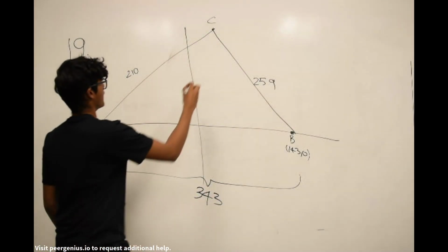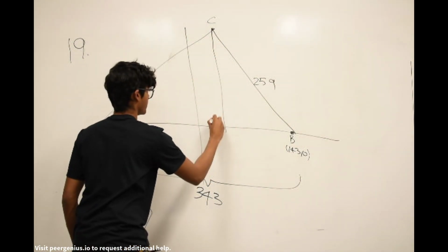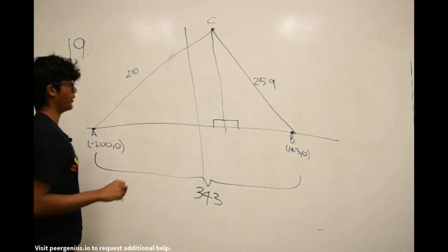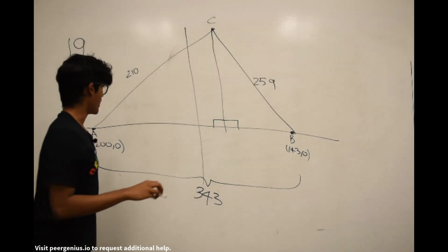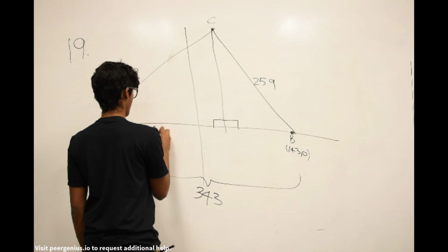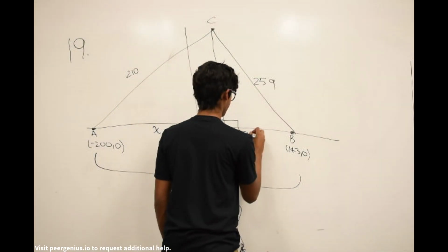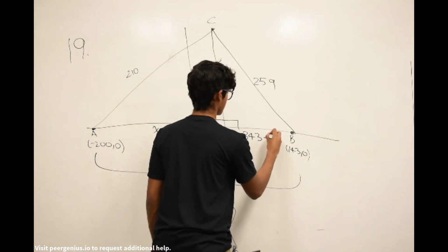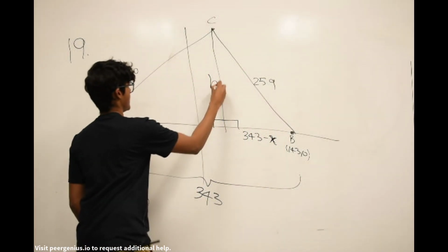Now let's drop a perpendicular here, so both of those are right angles. If I label this as some length x, then this is 343 minus x, and this is h.